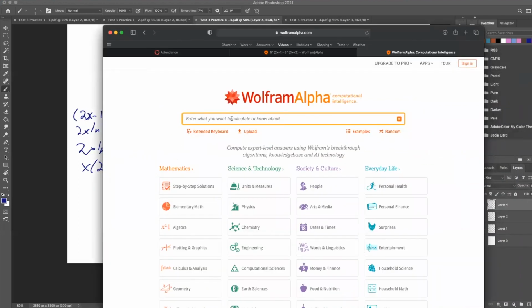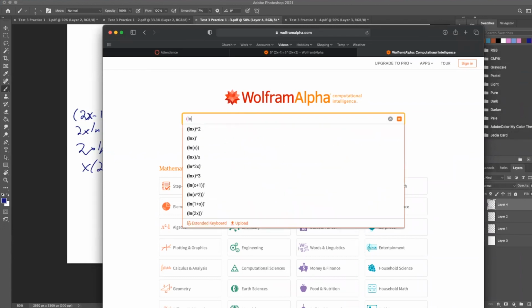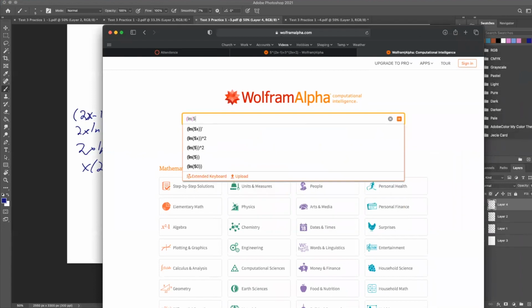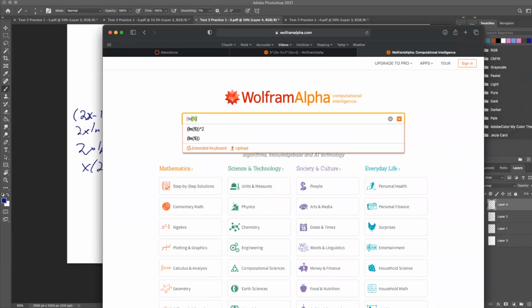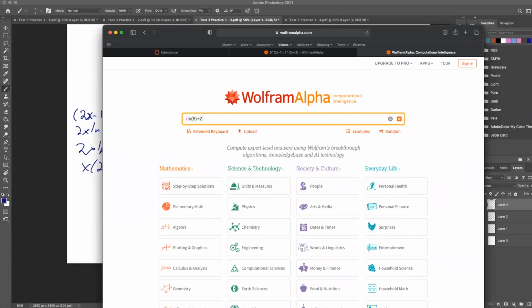All right, so let's type that in. So it's positive ln 5 plus 2 ln 3. I bet I can, no, that's good.